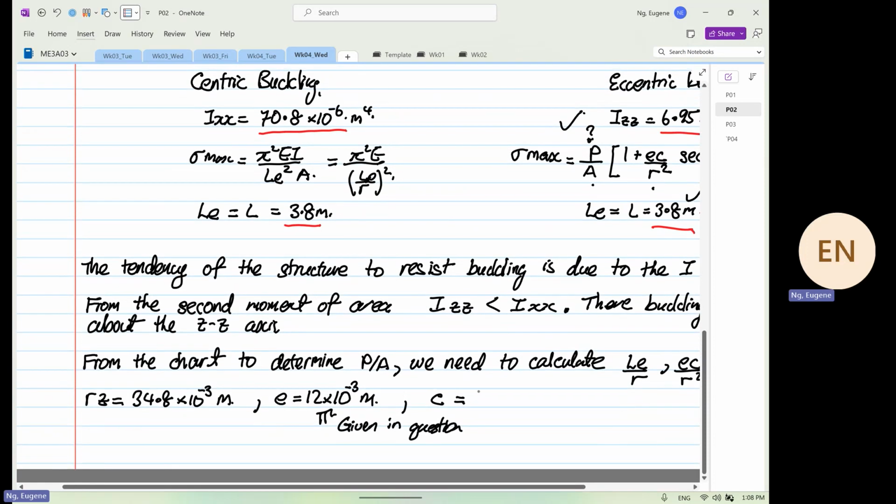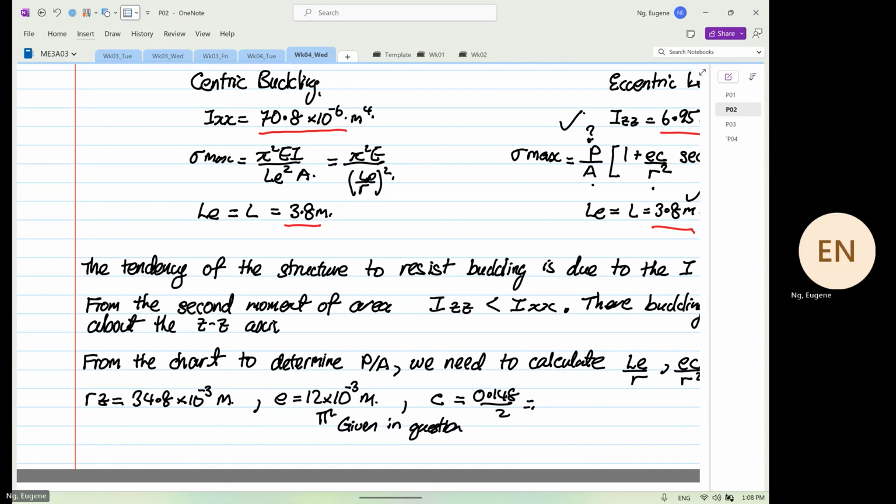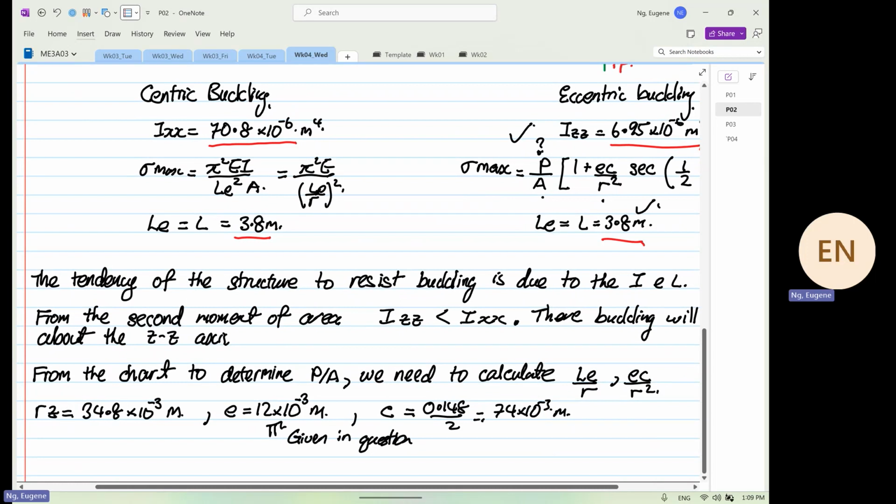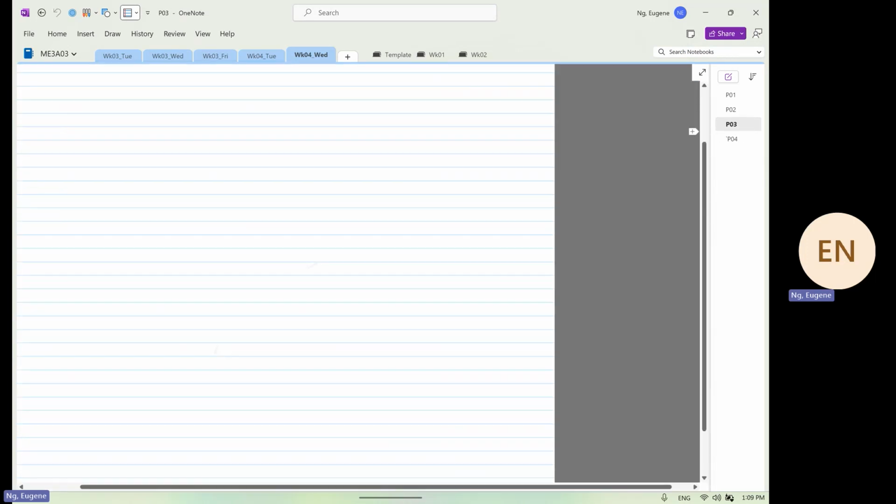So C is equal to 0.148 divided by 2, which is 74 times 10 to the power minus 3 meters. So now we have everything. We can calculate our LE over R. Okay, so LE over R.